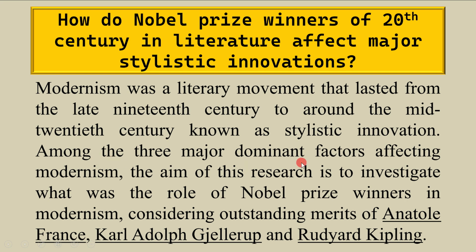Among the 3 major dominant factors affecting modernism, the aim of this research is to investigate what was the role of Nobel Prize winners in modernism, considering outstanding merits of Anatole France, Karl Adolf Gjellerup, and Rudyard Kipling. This is a kind of restating for this research question. So don't forget it. You should make more practices to learn it better.